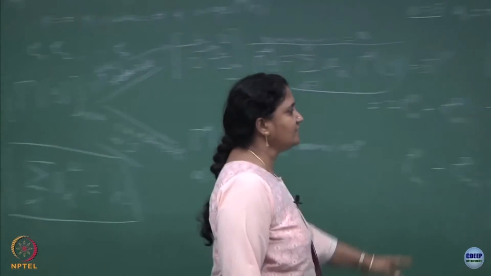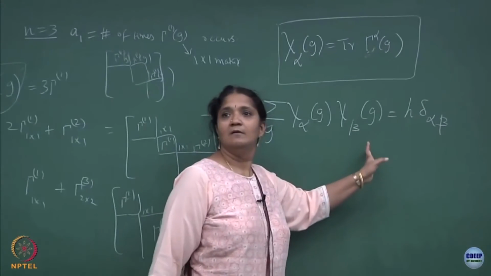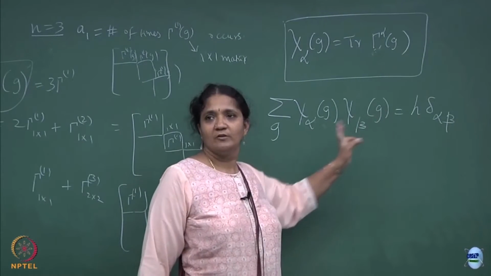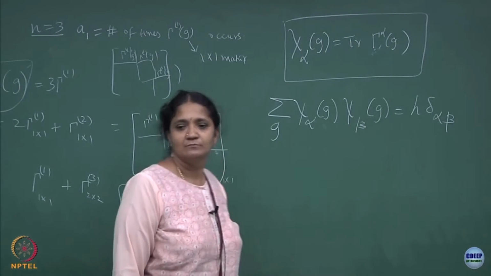So, the characters are orthogonal if they are different irreps, and you have to sum up over all these elements.